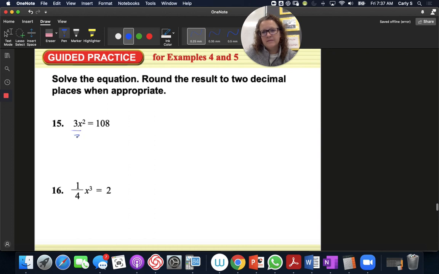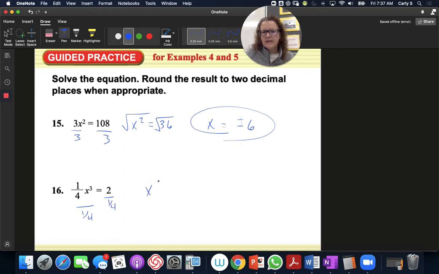Keep on going. 1008 divided by 3 gives me 36, so x squared equals 36. Square root to both sides. It's an even power, so I have to include the positive and the negative answer. Divide both sides by 1/4.